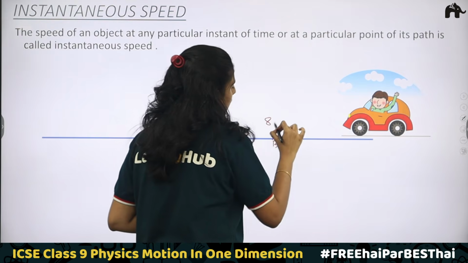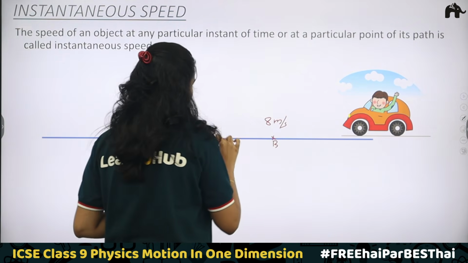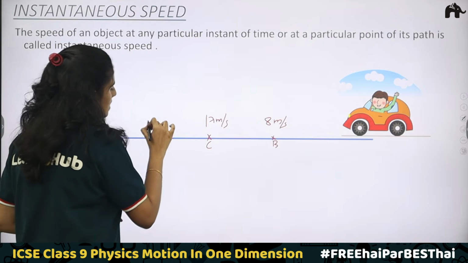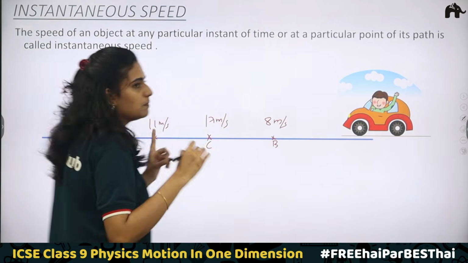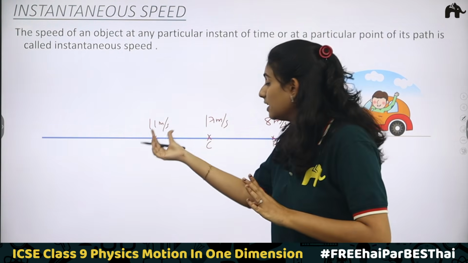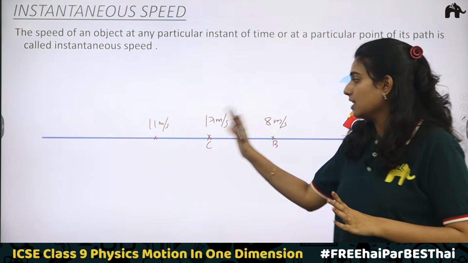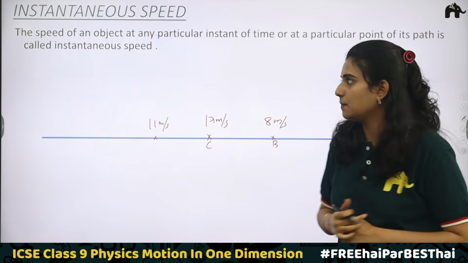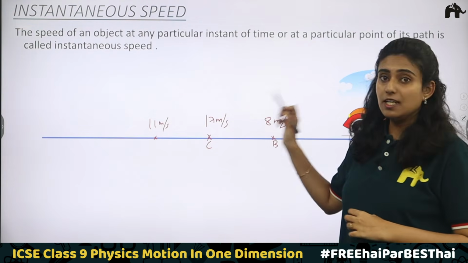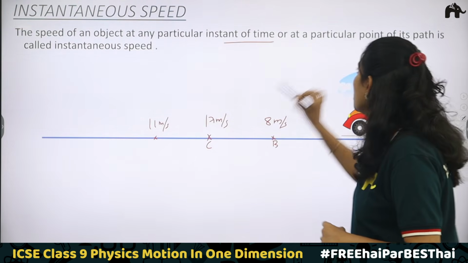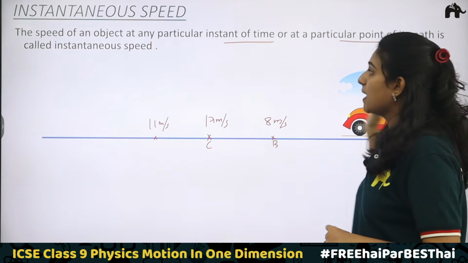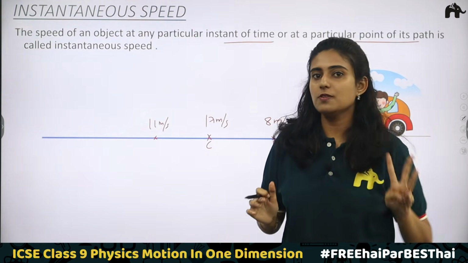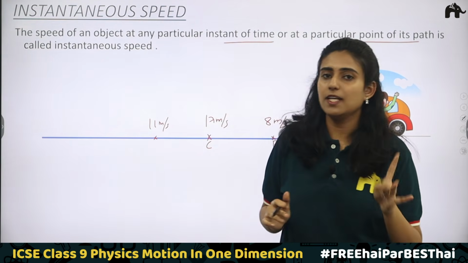Let's say it is equal to 8 meter per second, or at a point C, it is 17 meter per second, or at another point, it is 11 meter per second. So at a given point, at a particular instant of time, that speed which is measured is called the instantaneous speed. The speed of an object at any particular instant of time or at a particular point of its path is called the instantaneous speed. Got the 4 types of speed: uniform speed, non-uniform speed, instantaneous speed and average speed.